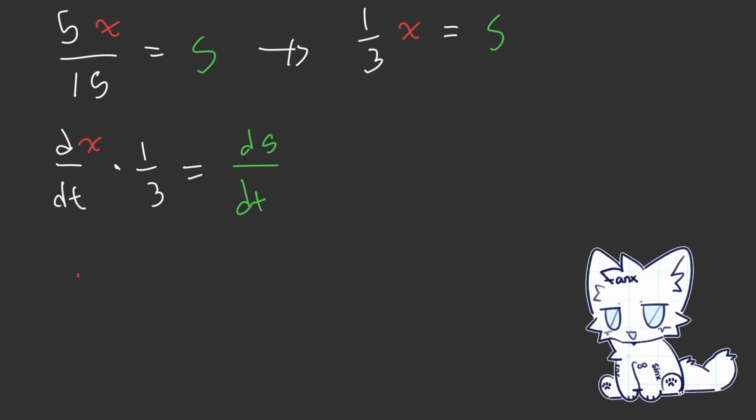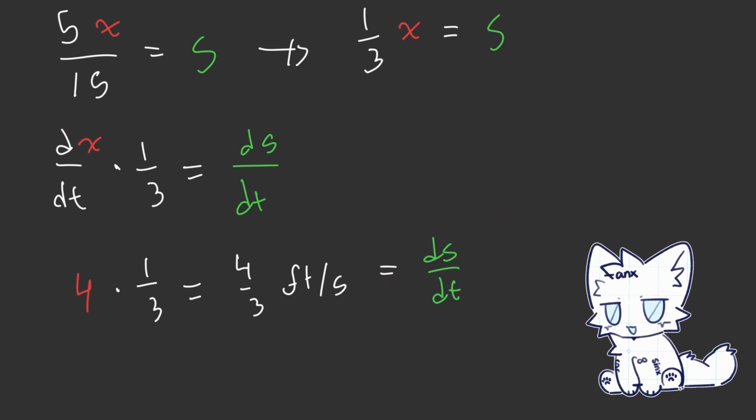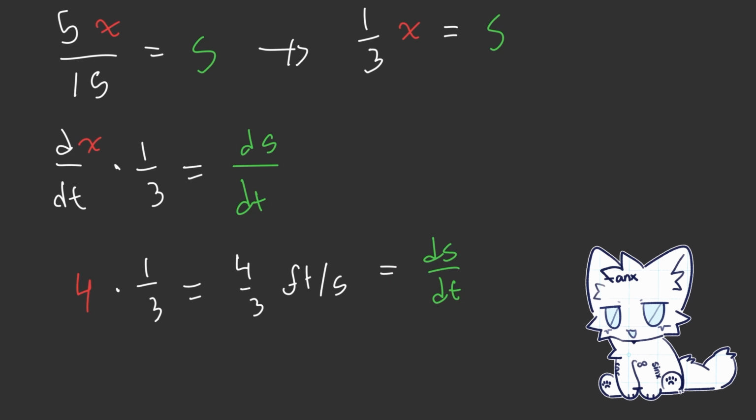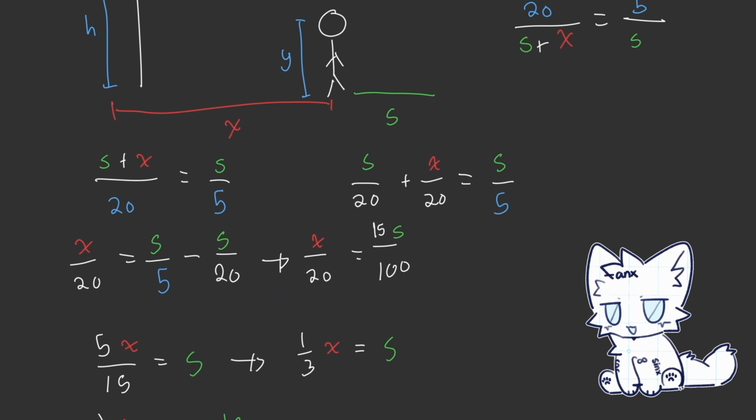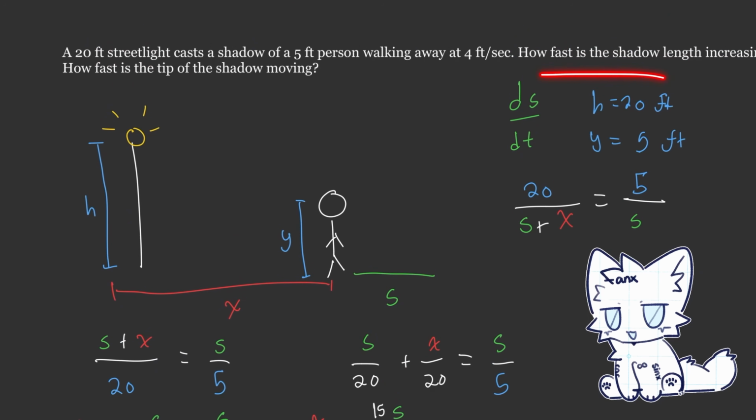So that'd be 4 feet per second times 1/3, which is equal to 4/3 feet per second. And this is the rate at which the length of the shadow is increasing. That answers the first part of the problem.